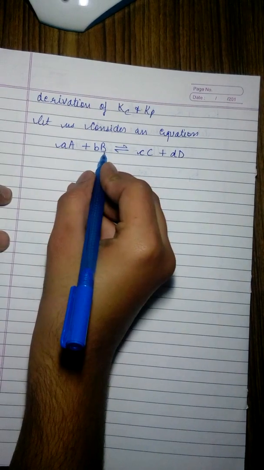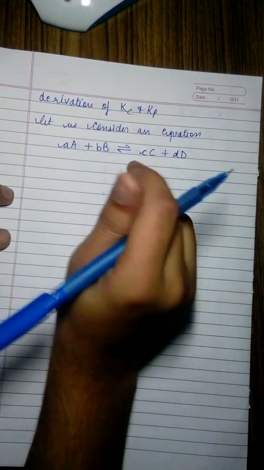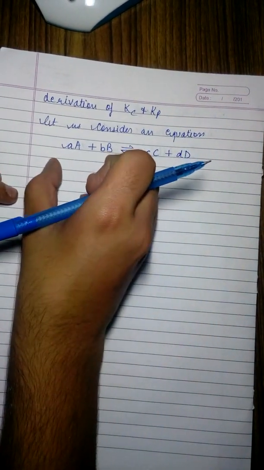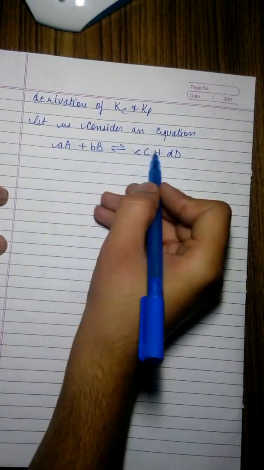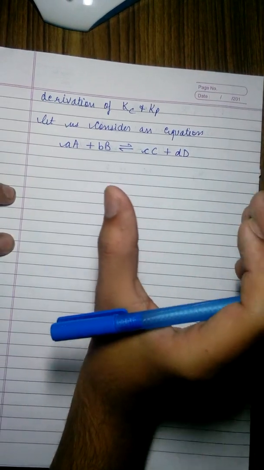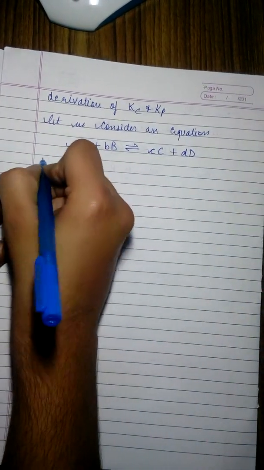Here capital A, capital B, capital C, capital D are respectively two reactants and two products. Small a, small b, small c, small d are the number of moles.